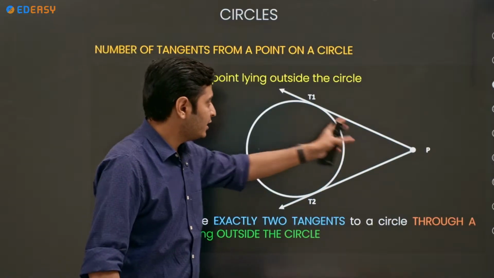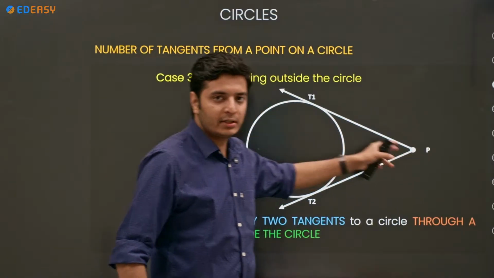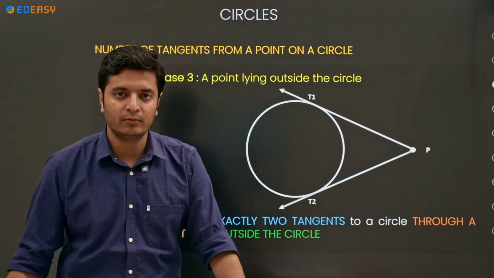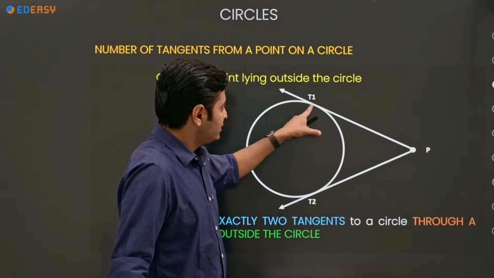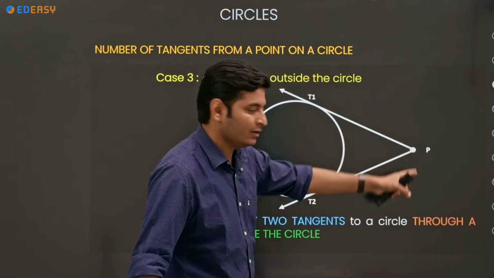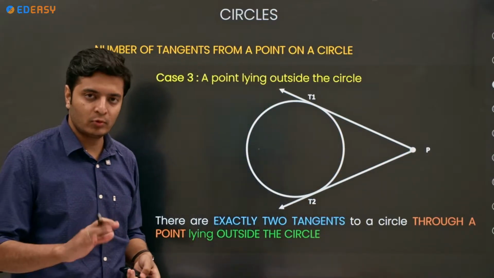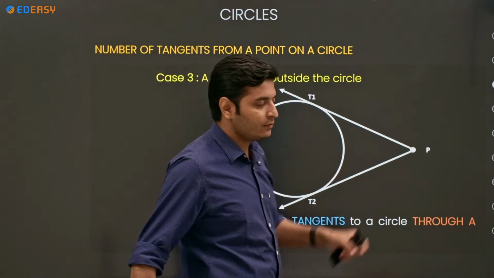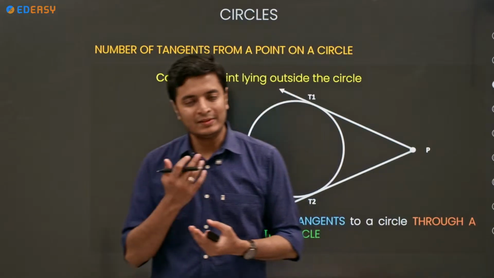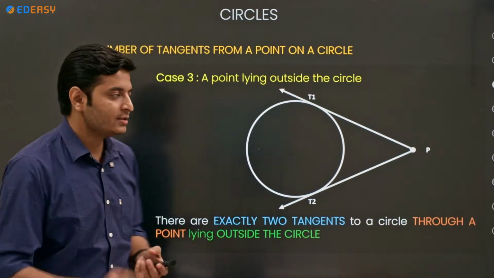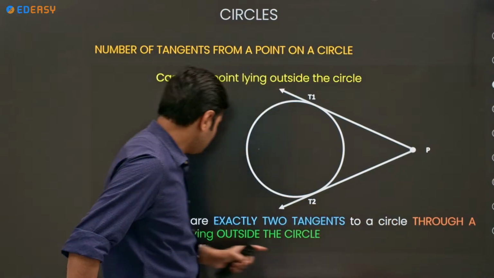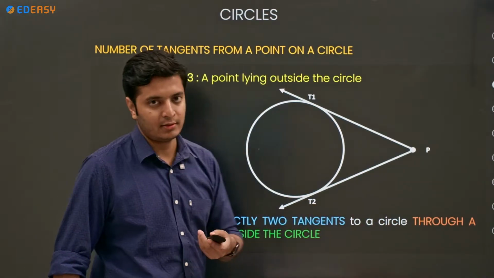Of course, a tangent is a ray starting from a point with no end point, so we can't say the rays are equal, but this segment is equal. This is what we are going to prove also. But for now you need to understand this: if a point is given which is lying outside the circle, then you can draw two tangents from that point. So there are exactly two tangents to a circle through a point lying outside the circle.